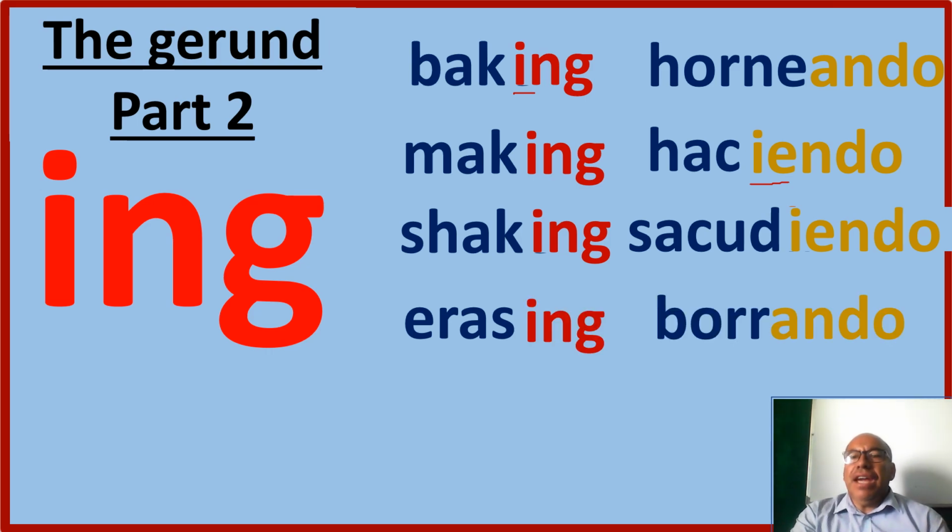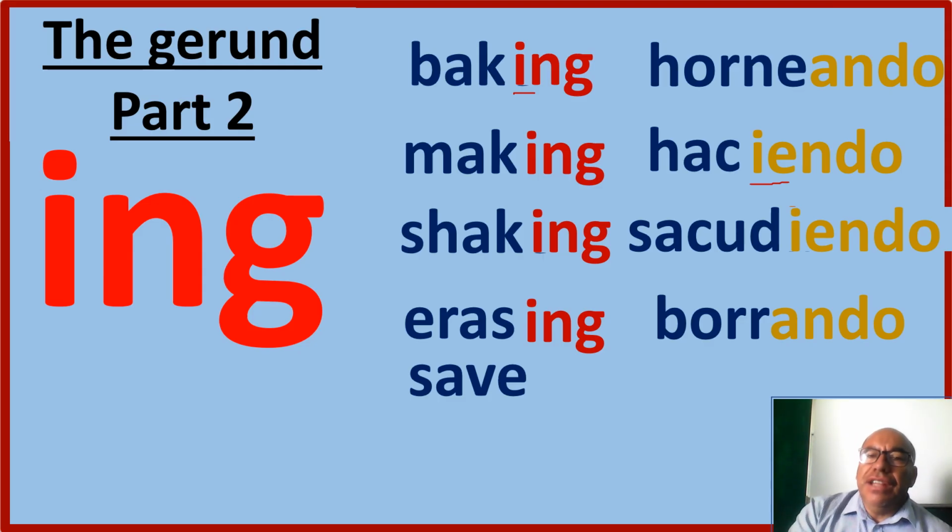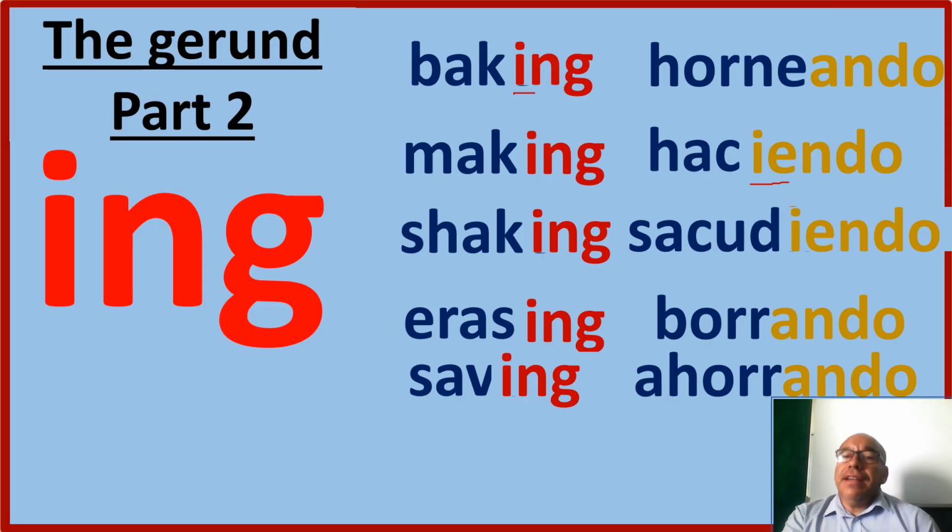Erasing, in Spanish borrando. Next one, save. To create the gerund, we erase the letter e and write ing. So this is saving, and that is ahorrando. Okay, let's go with part 3.